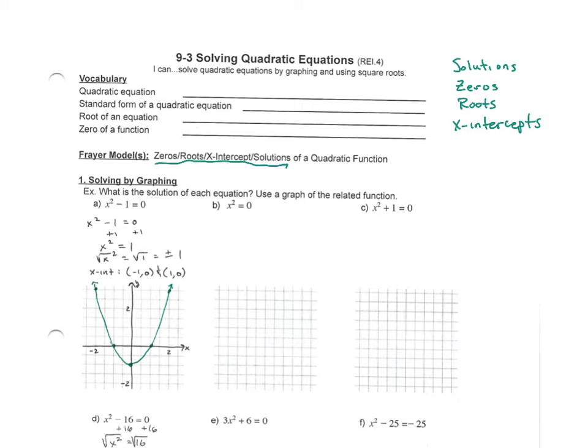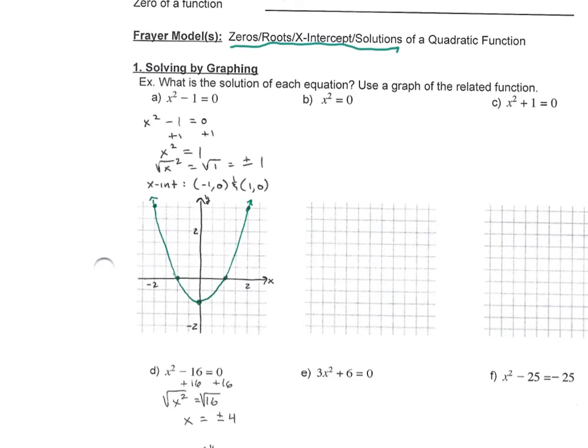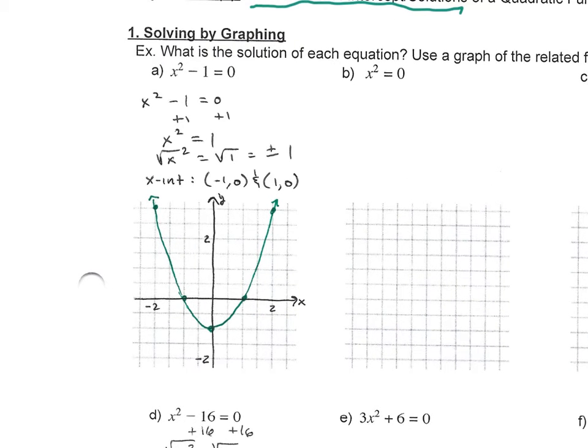So as we start to solve by graphing, what is the solution of this equation? In one here, it says x squared minus 1 equals 0. So what I've done is isolate my variable, using inverse operations to get the 1 to the other side.